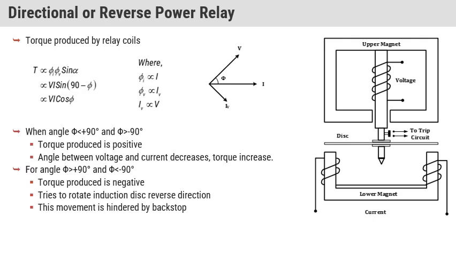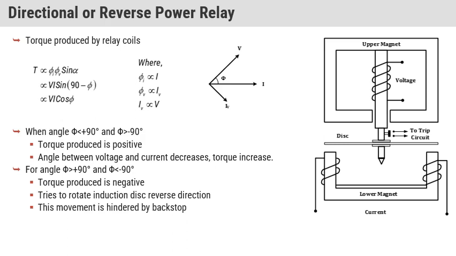When the angle is less than plus 90 degrees and greater than minus 90 degrees, positive torque is produced; as the angle between voltage and current decreases, torque increases. In the second case, for an angle phi greater than plus 90 degrees or less than minus 90 degrees, torque is produced in the negative direction and tries to rotate the induction disk in the reverse direction.